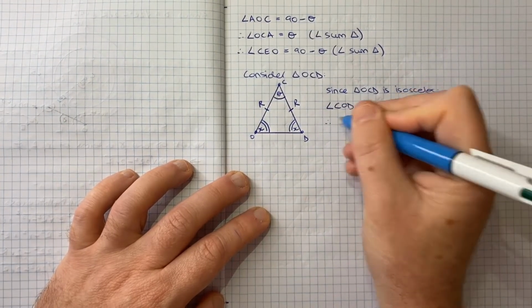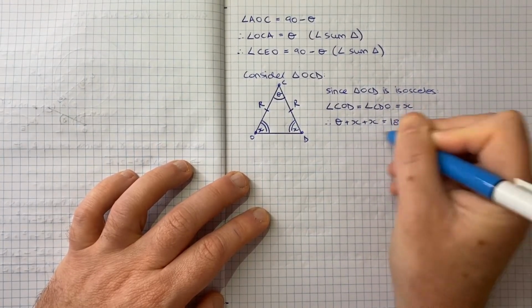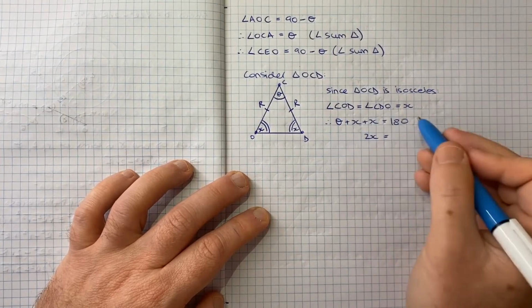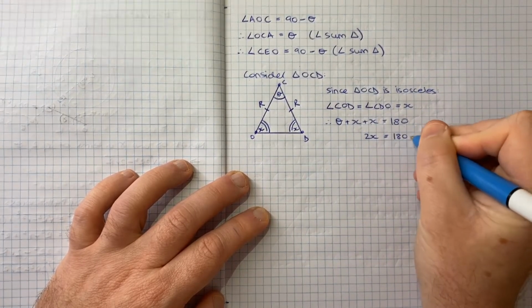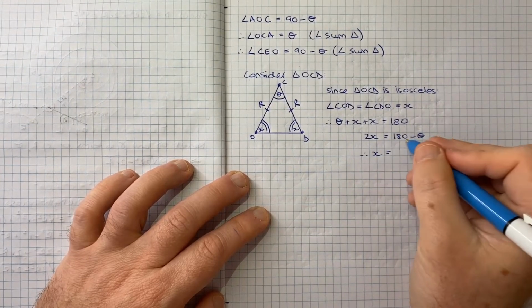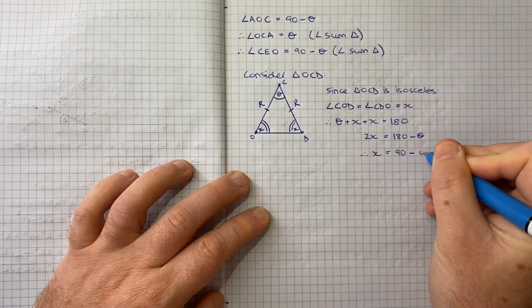So you can say, therefore, theta plus 2x will equal 180. So 2x will equal 180, and I'll bring the theta over. Therefore, x, that angle, is 180 on 2, which is 90, minus theta on 2.